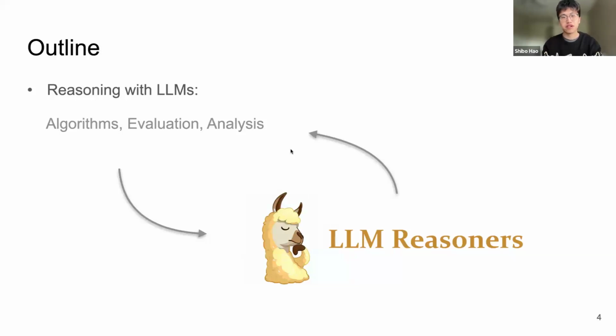We hope this talk can help the audience have an overview of the current state of LLM reasoning, understand the design of LLM Reasoners, our library, and also know how to apply it in their research or development. Okay, let's jump into the first part, the algorithms.